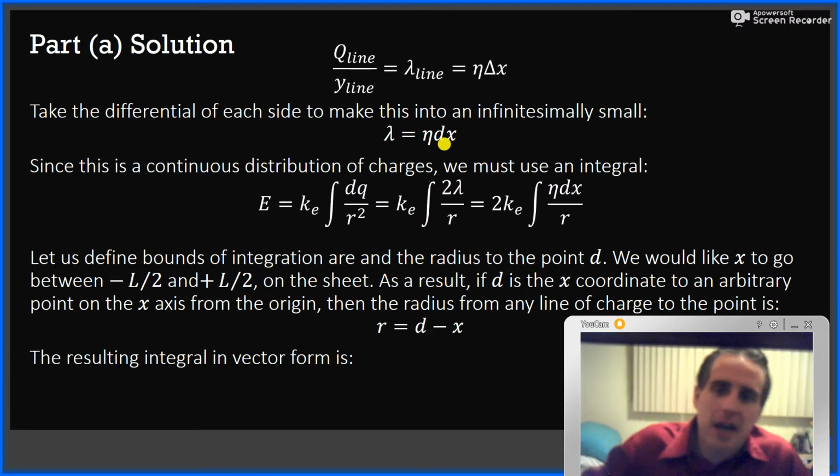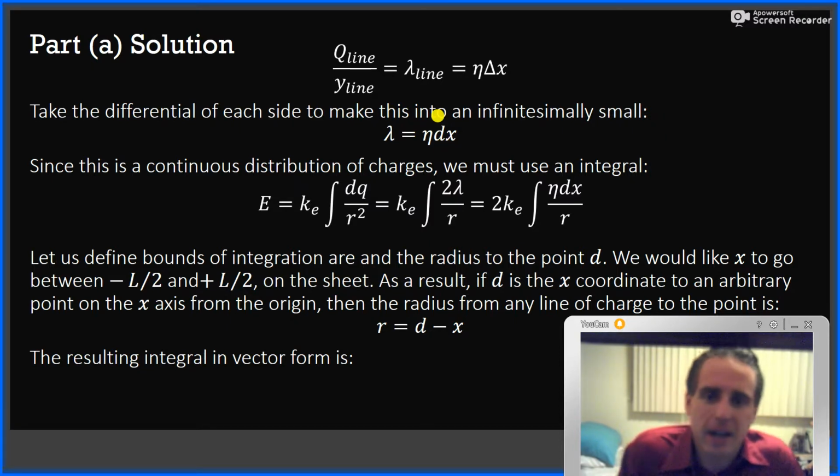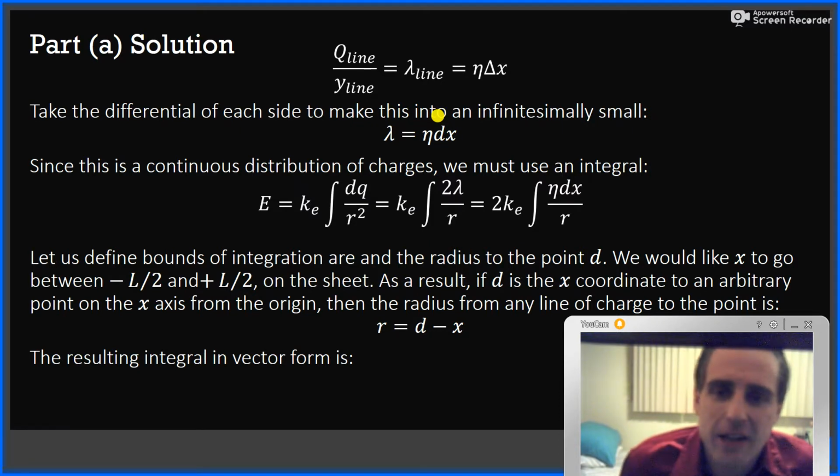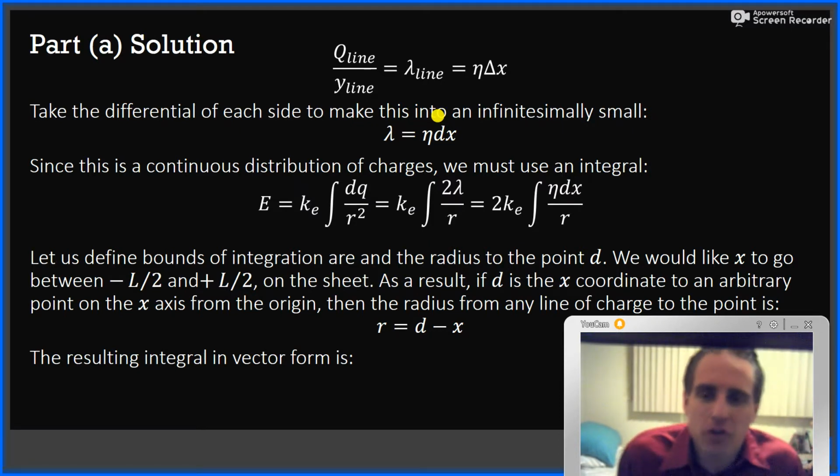So the idea is that each line has linear charge density eta dx equal to lambda, and we should be able to add up all those lines, and adding them all up, if it's a continuous charge distribution, means taking an integral. So here we have that integral that I showed when I was hand sketching before, and that is E equals k_e integral of dq over r squared.